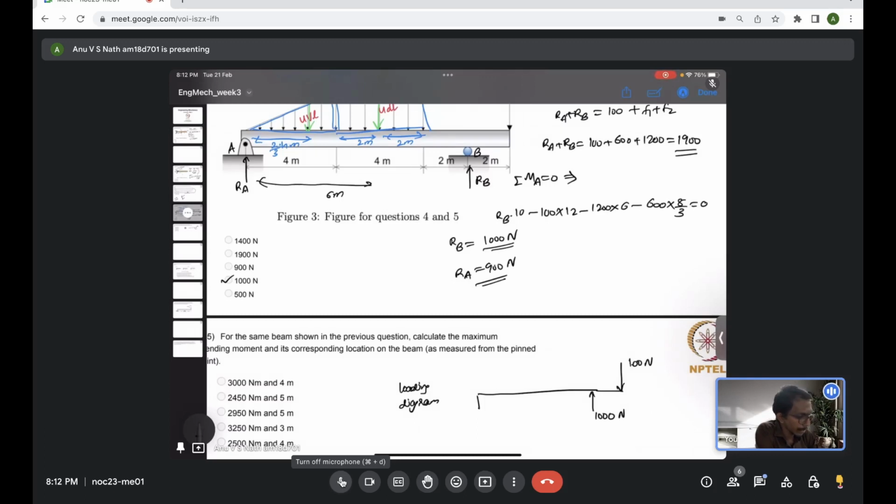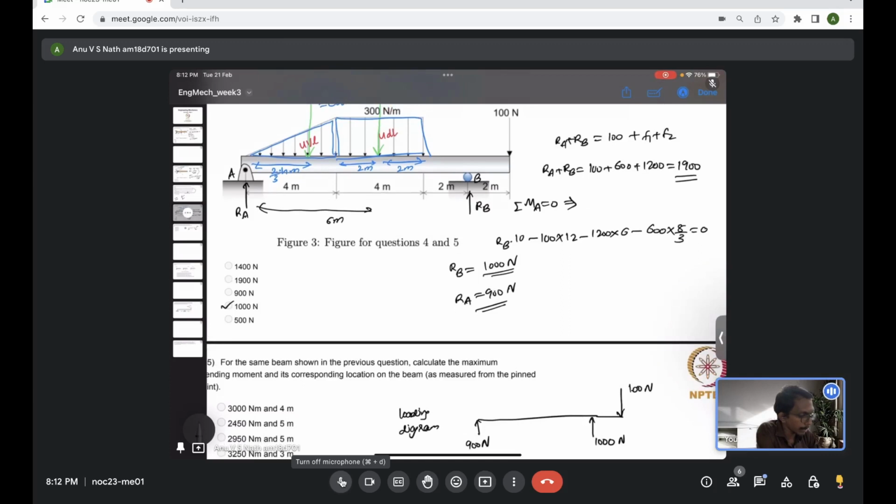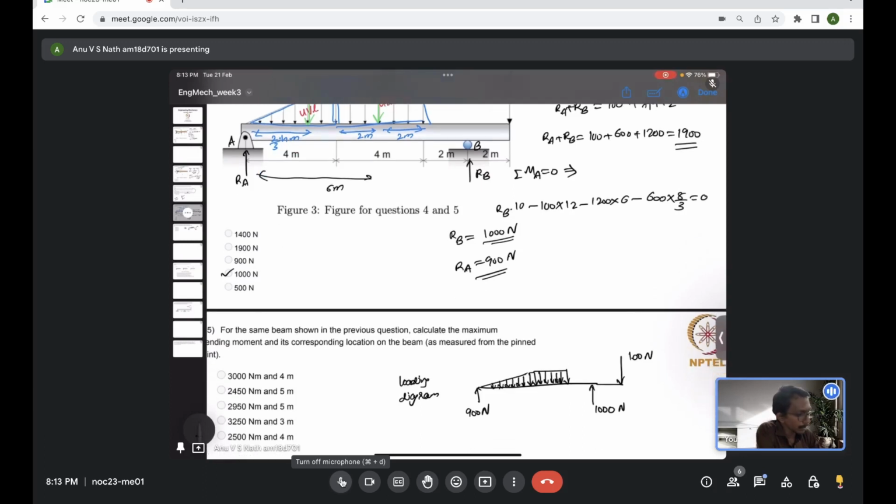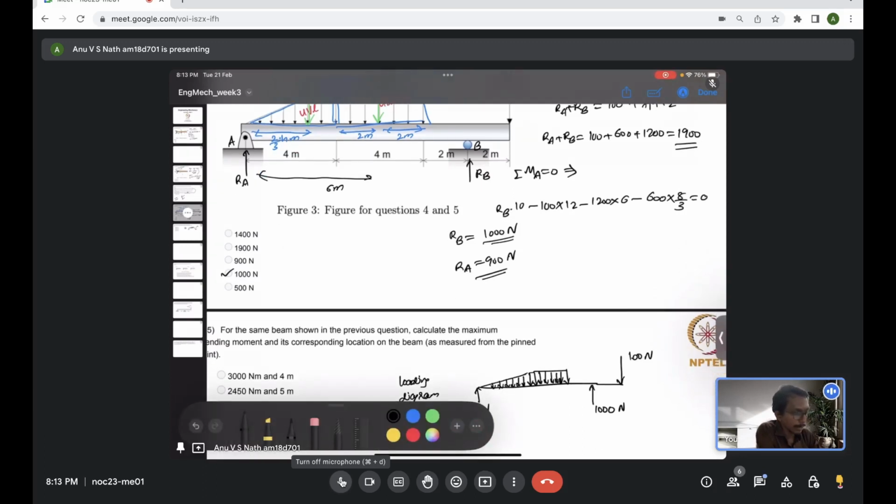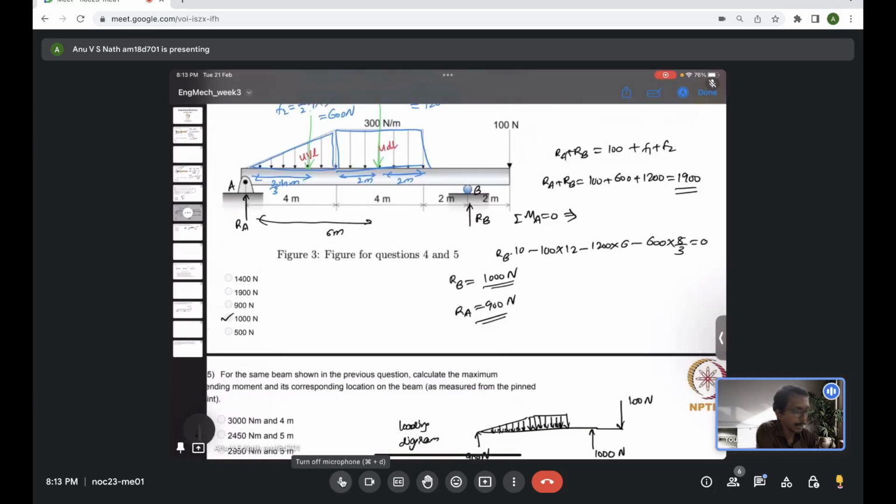Then at A we have 900 Newton acting. Then there is a UDL acting in this area, and then there is a UVL acting in this area, which were equivalently replaced by F1 and F2 earlier.